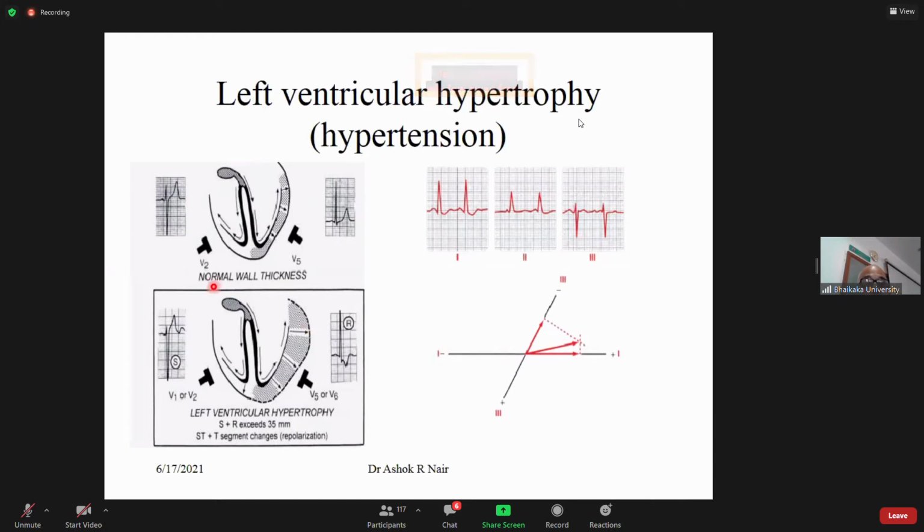What about V2 and V5? Tall R waves, deep S waves. There might be changes seen in the T wave also. T wave inversion might be seen sometimes, from the repolarization process also.